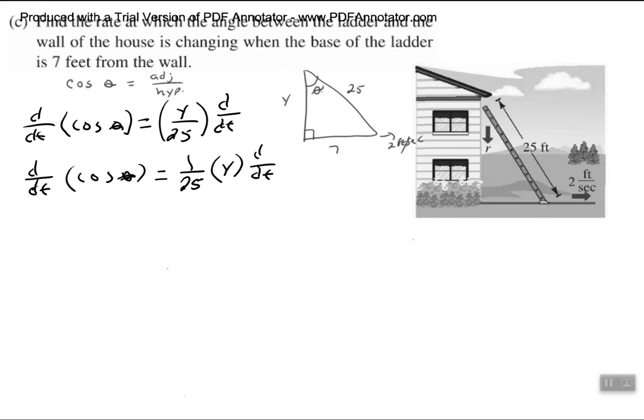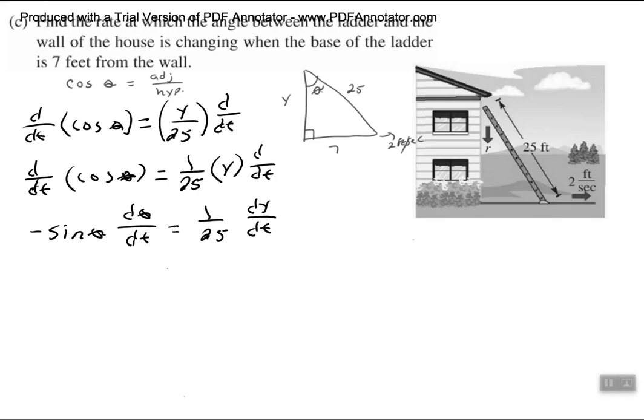The derivative of cosine theta, which is a different variable with respect to time, means that we need to use the chain rule. So the derivative of cosine theta would be negative sine theta, and then the derivative of theta with respect to time would be d theta dt. And on the right hand side, the derivative of y with respect to time would simply be dy dt.